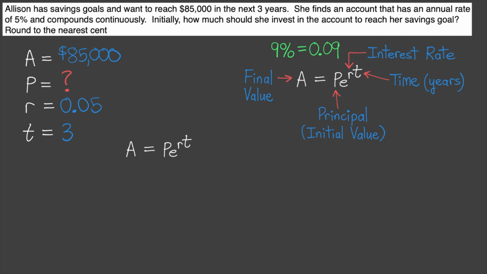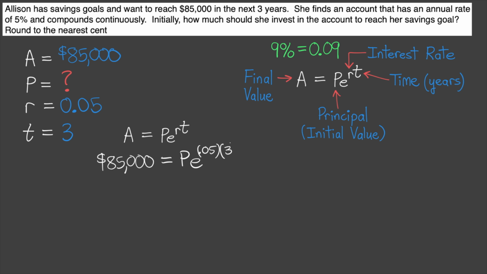So let's go ahead and bring down our equation here and plug in our values. So A is 85,000 equals P, which is what we're looking for, and e to the r, which is 0.05, times t, which is 3.